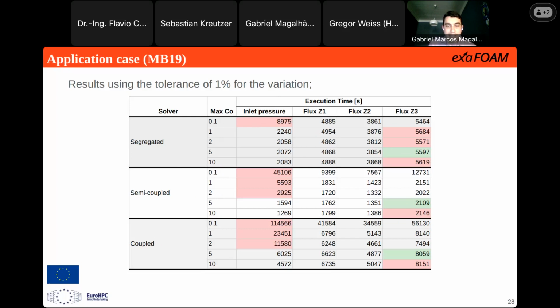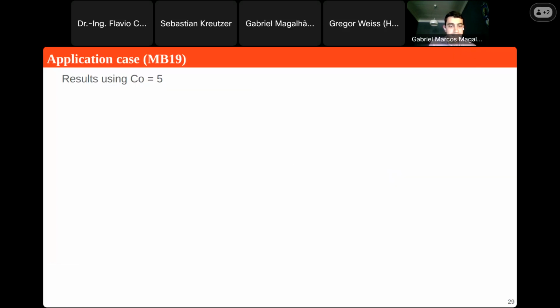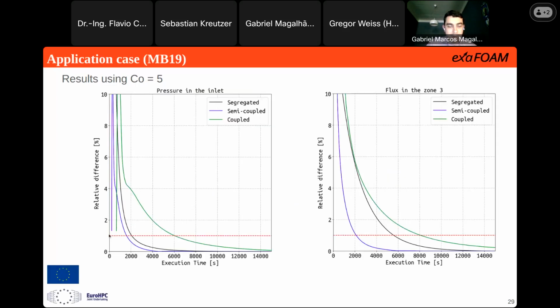So let's analyze these results better in a graph. Here we have the results for each approach using a Courant number of 5. On the left, we have the pressure at the inlet, the relative difference for the pressure at the inlet. And on the right, the flux in zone 3, also the relative difference.